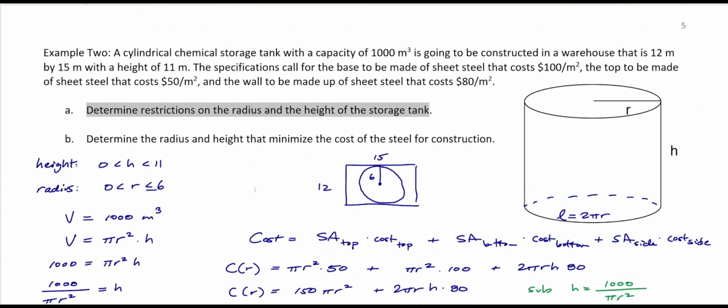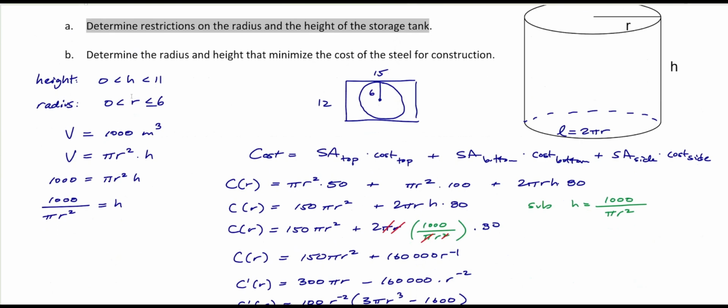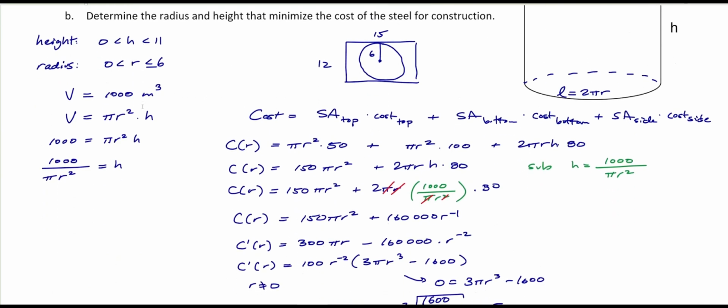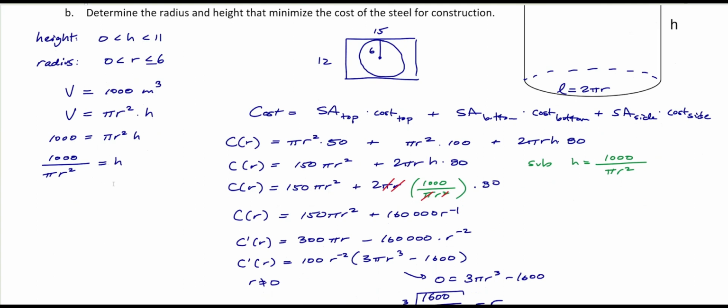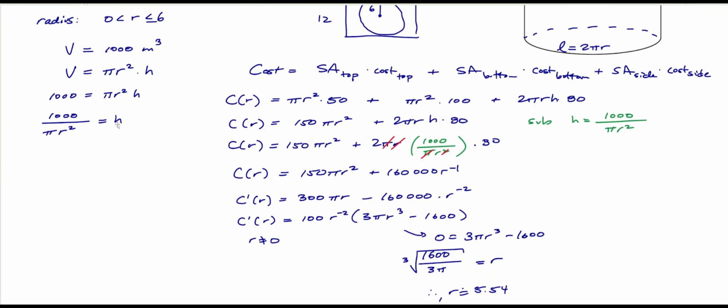Going back up here, I took a look at the constraints on the domains of both height and r. Then, using the expression for radius, I was able to get a cost function, and I used the volume constraint of 1,000 meters cubed to find an expression for h.